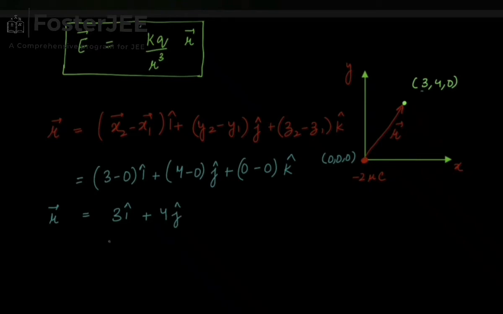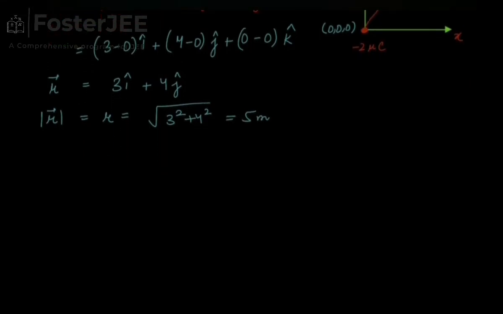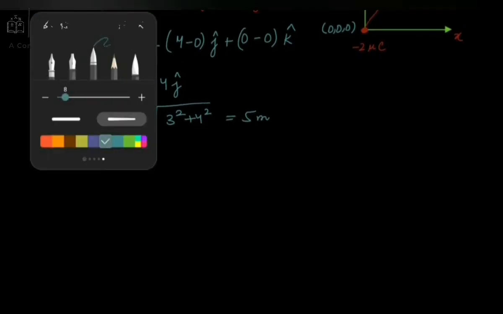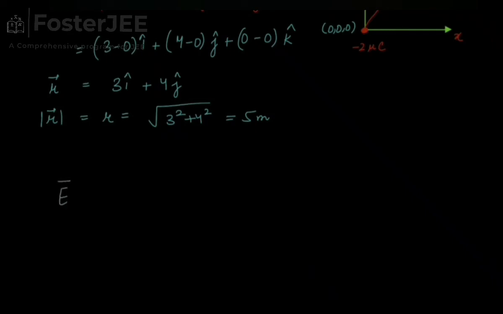Now, in this equation, we can see we have r vector and also the magnitude of r vector. The magnitude of r vector will be r, that will be root over 3 square plus 4 square, which is 5 meters. Now, evaluating for electric field, E equals kq upon r cube vector r.